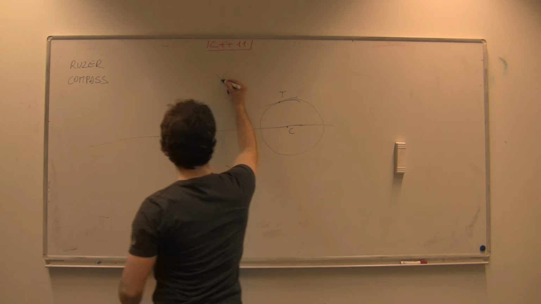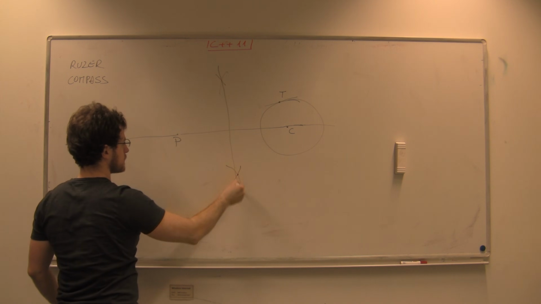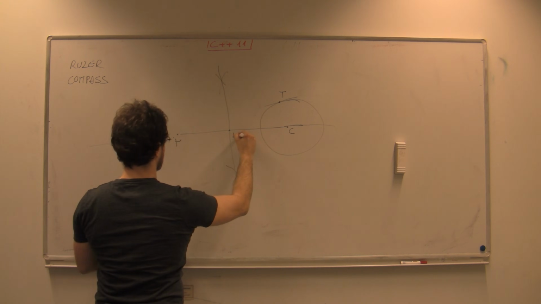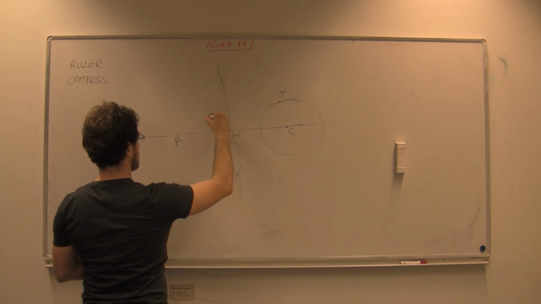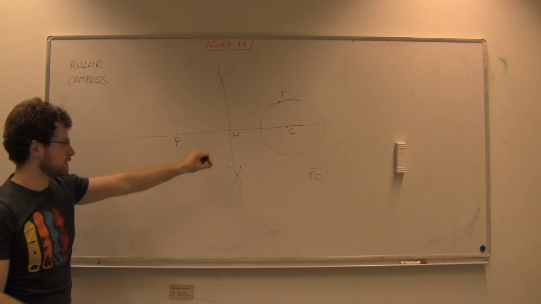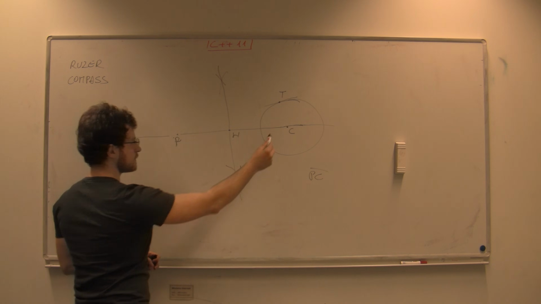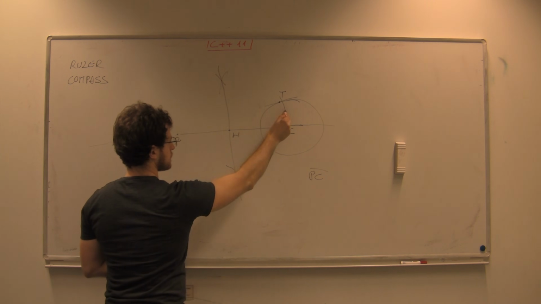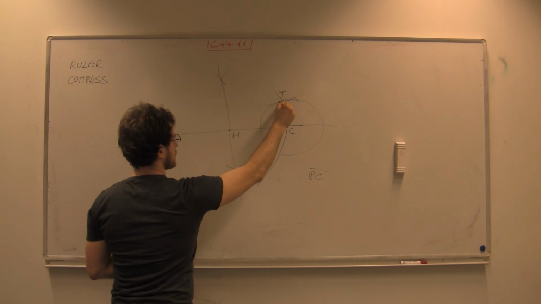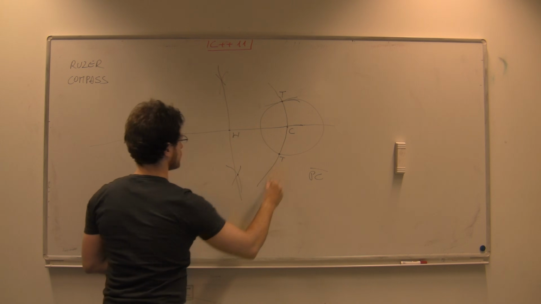Then they would produce a line between these 2 points, which halves this length BC. And then from this point H, they would use a compass like this, and they would generate 2 tangent points.